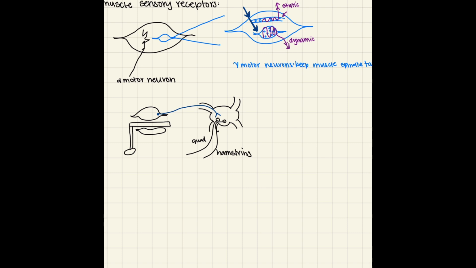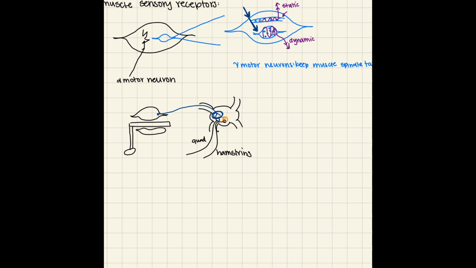There's another little tiny neuron in between the motor neuron and the sensory neuron that is going to communicate with the motor neuron for the hamstring and make it an inhibitory potential, because this sensory neuron is only going to send out excitatory action potentials.